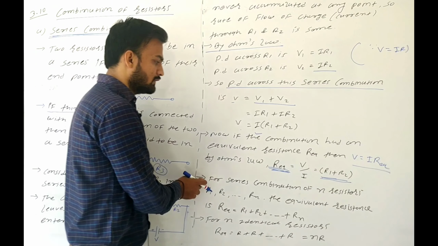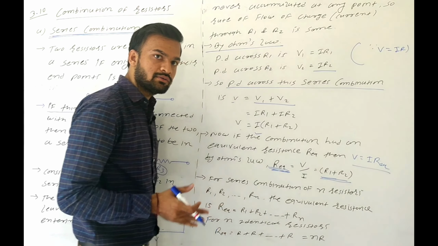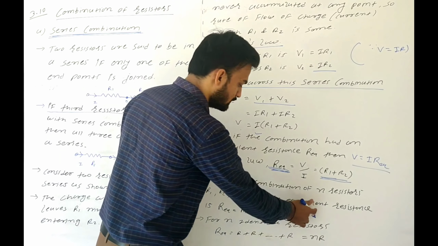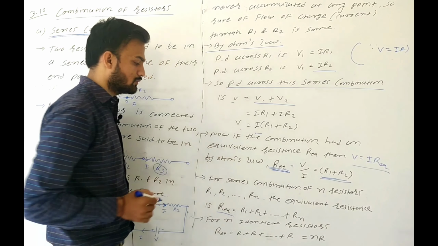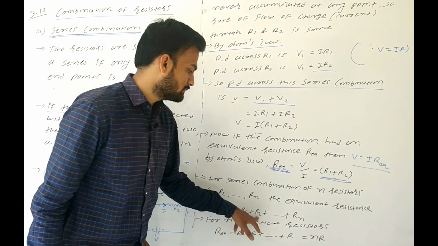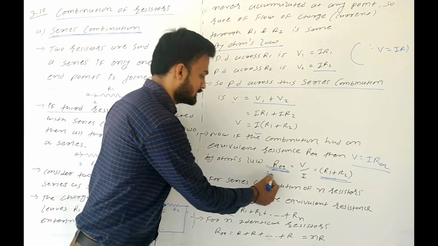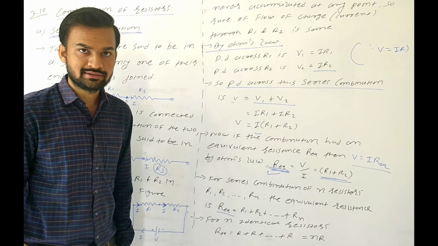Now if n resistors R1, R2, R3 up to Rn are connected in series, then the equivalent resistance of this combination is R1 plus R2 up to Rn. This equation is applicable for any number of resistors.